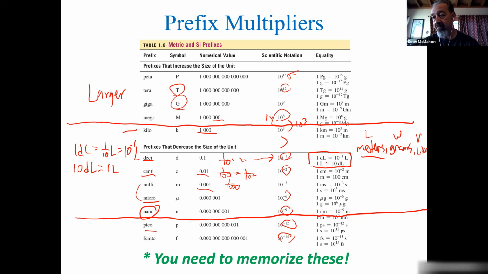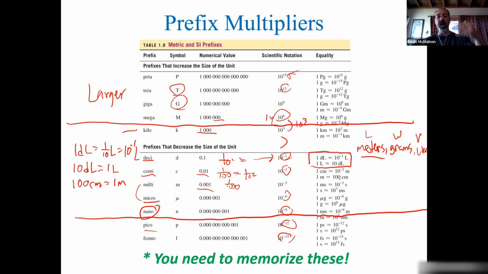Now that keeps it positive, right? Just like I could say there's 100 centimeters in 1 meter. So if a centimeter is 1/100th of a meter, why not say 1 meter is 100 centimeters.